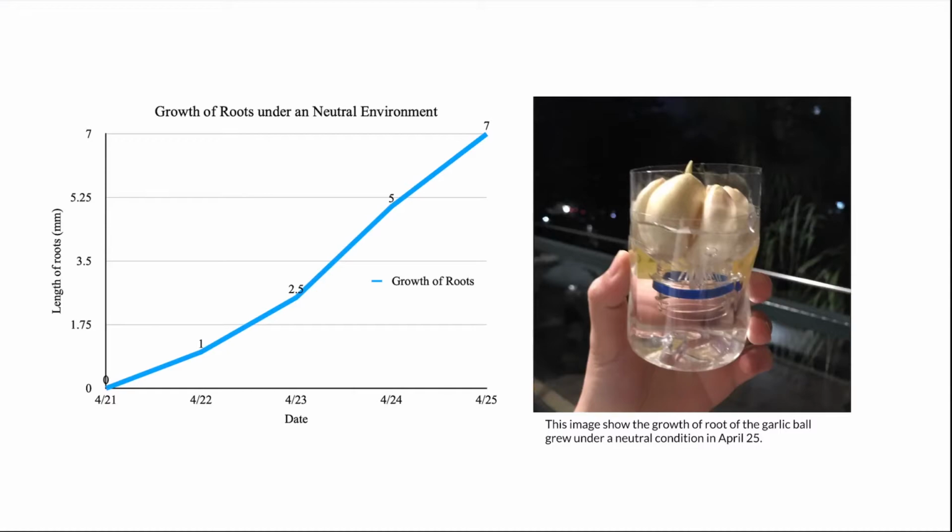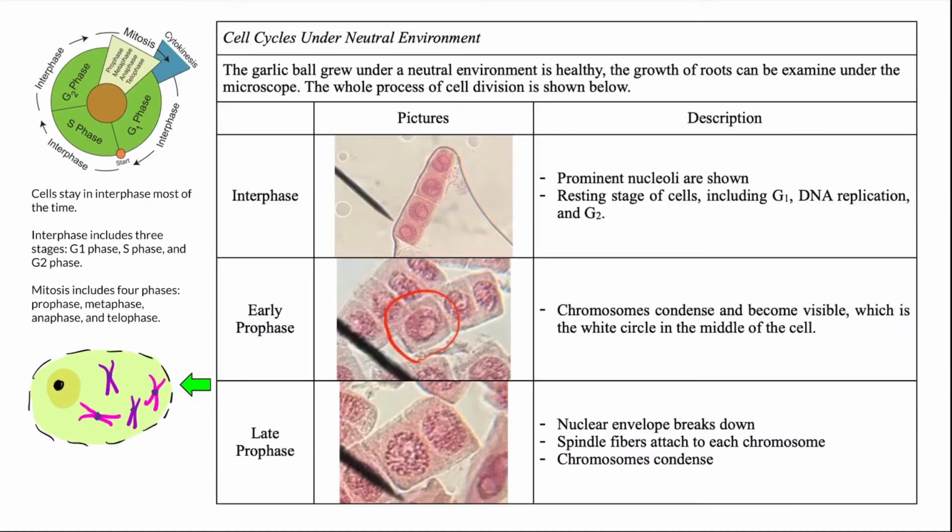Here is the graph for the growth of the root, and as you can see, the picture shows the growth of the root of the garlic ball that grew under the neutral condition. And because we can use the root, we are able to see the cellular structure under the microscope.